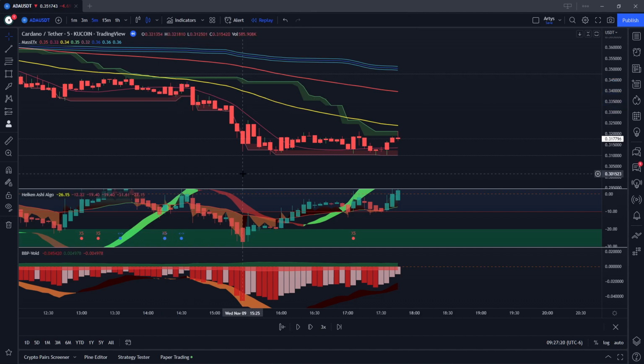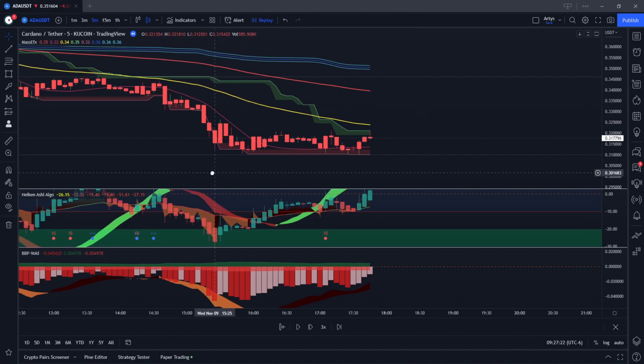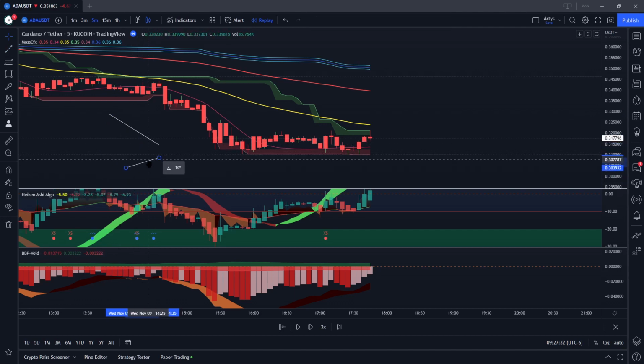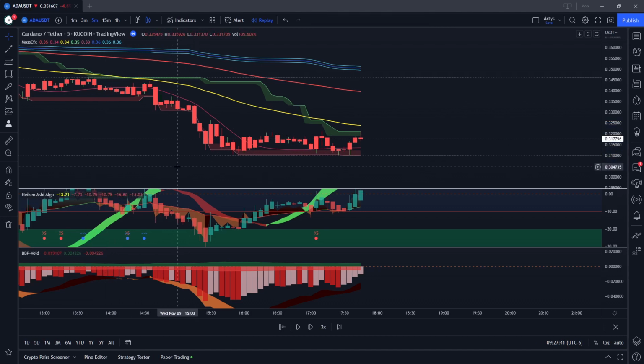This would be a bullish divergence. A bullish divergence is when price makes a new low, but your RSI makes a new high. It looks like that. Here this would be your RSI, and this would be your price. So let me get rid of these two and I'll show you what I found out.